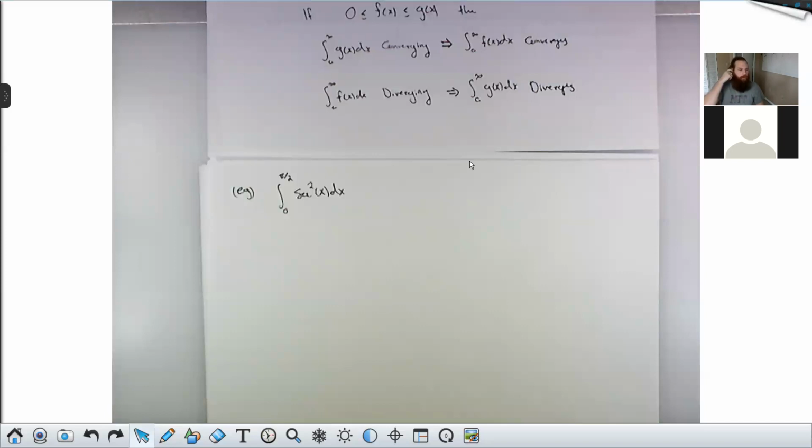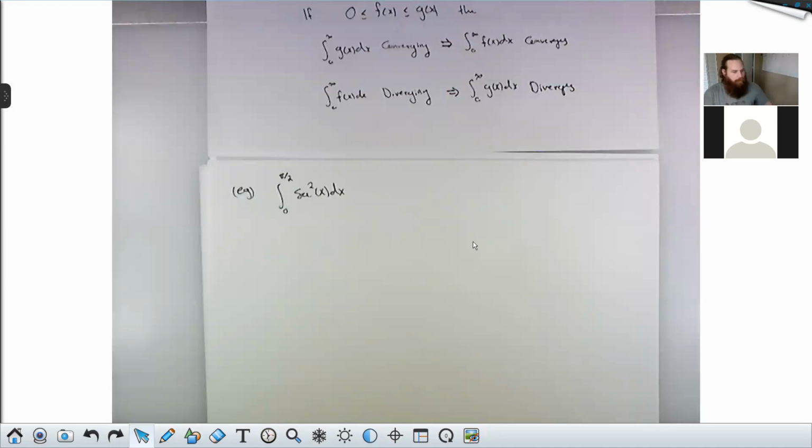Okay, so any thoughts on how to attack the integral on the screen now, the 0 to pi over 2 secant squared integral? First, is this integral improper? Good, yeah, it's a type 2 integral.